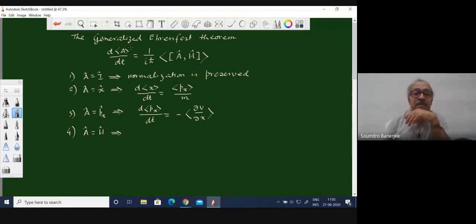And the left-hand side is essentially the expectation value of energy. So the expectation value of energy remains constant.